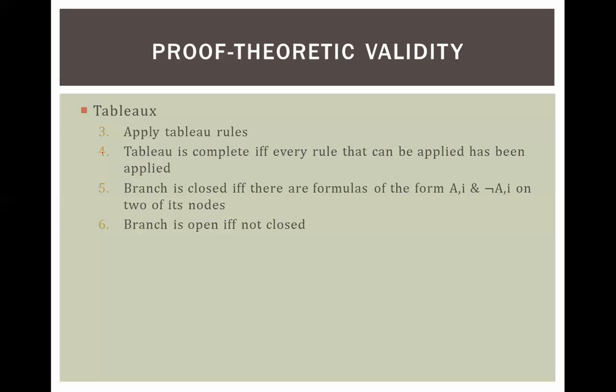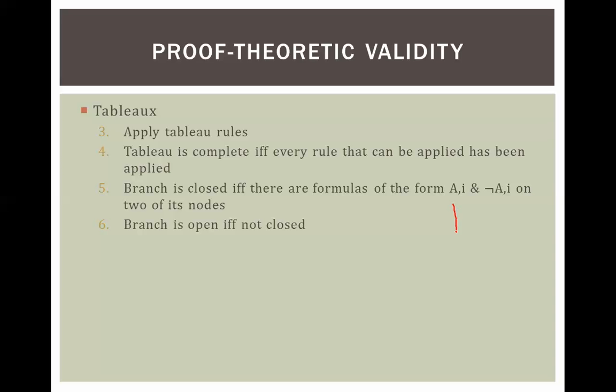And of course, you make your initial list and you apply your Tableau rules, and the Tableau is complete if and only if every rule that can be applied has been applied. So you have to apply all the rules and then it's complete. Your branch is closed if and only if there are formulas A, comma I and not A, comma I on two of its nodes. So that's a branch, remember.